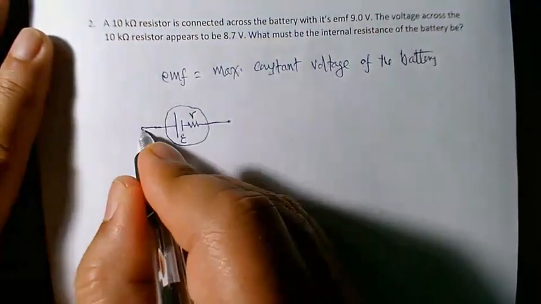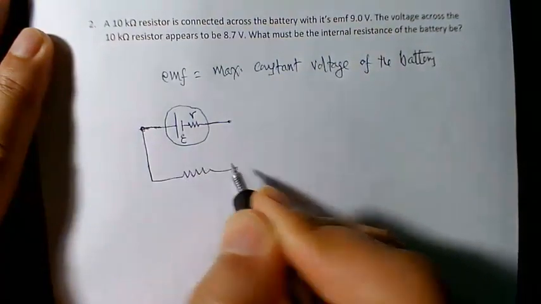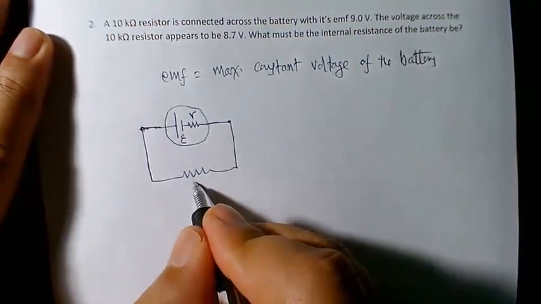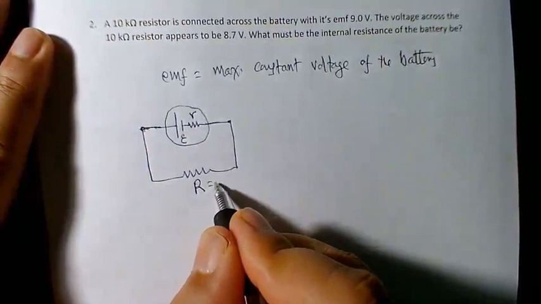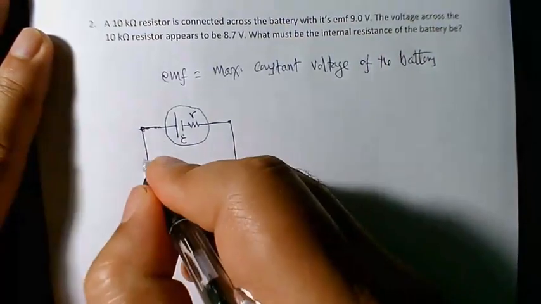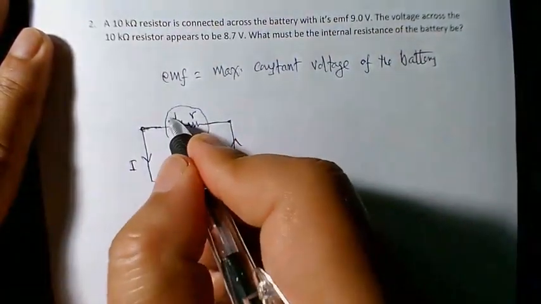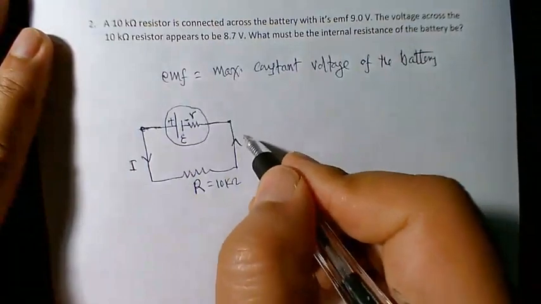It has some internal hidden resistance. Now you connect this battery across a load resistor, let's say R is 10 kilo ohm. What happens? If you connect this to the battery, it draws current. We always show conventional current from positive side to negative side, like this.